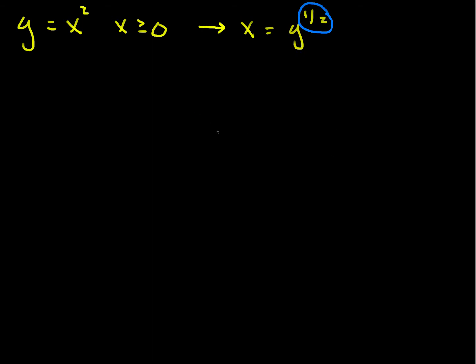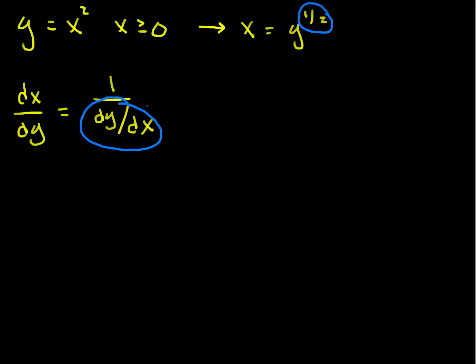However, I can use my inverse rule because dx/dy would be 1 over dy/dx. So if I can compute dy/dx, then we're good. I just need to figure out what this is. Now that's pretty easy because y is equal to x squared.